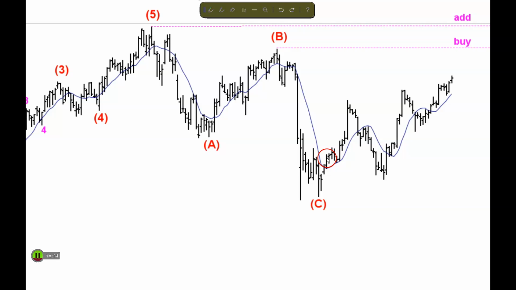So if you buy right there, and you have the stops below this week's low, then that's your game plan, and then you can follow along the 10-week moving average. Let me go back.